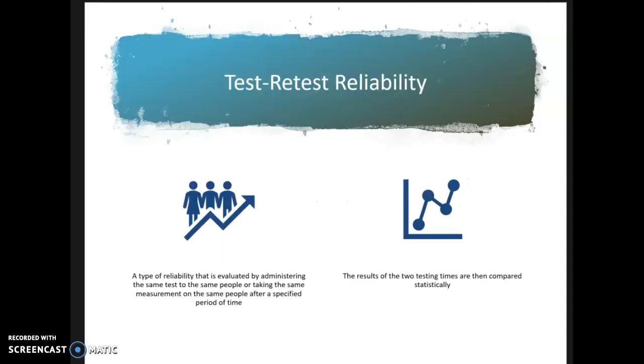When we're specifically looking at test-retest reliability, we're looking at whether we can replicate a test and get the same results. We're looking at two testing times that may be compared statistically, or it may be by administering the same test to the same people and seeing if you're getting the same results.